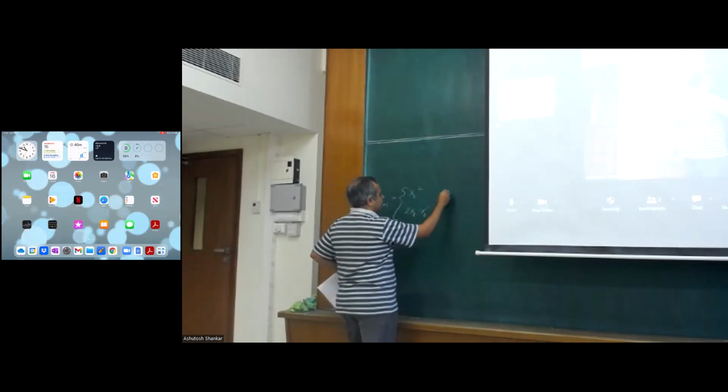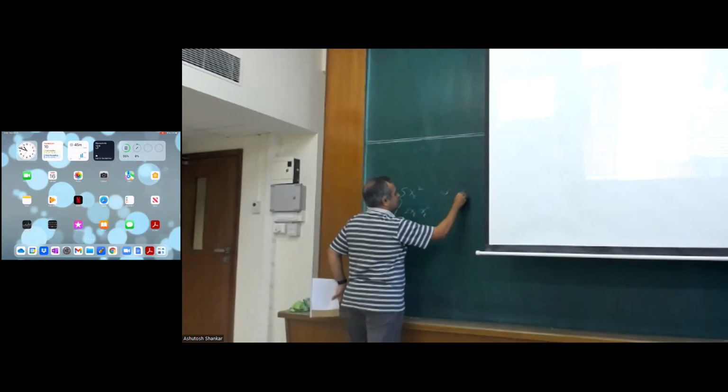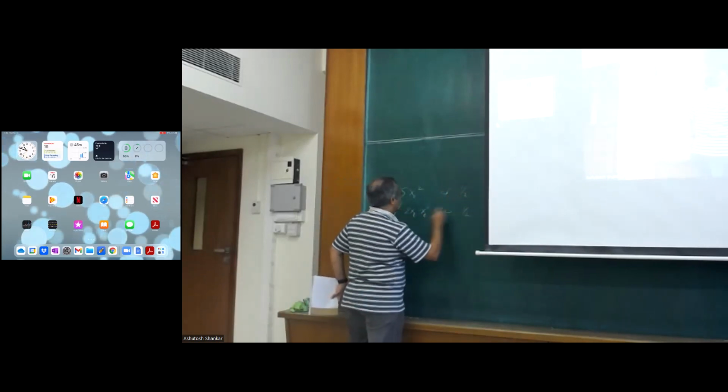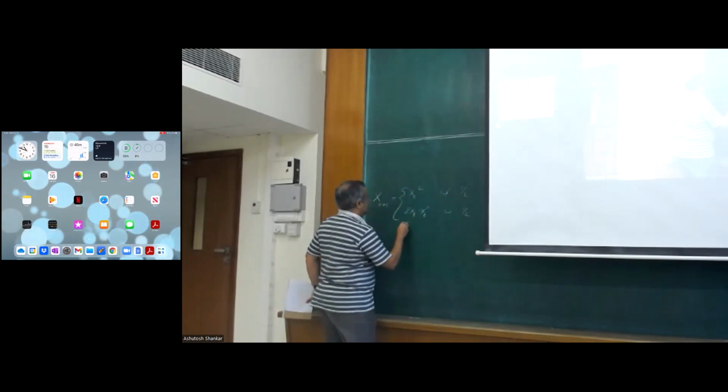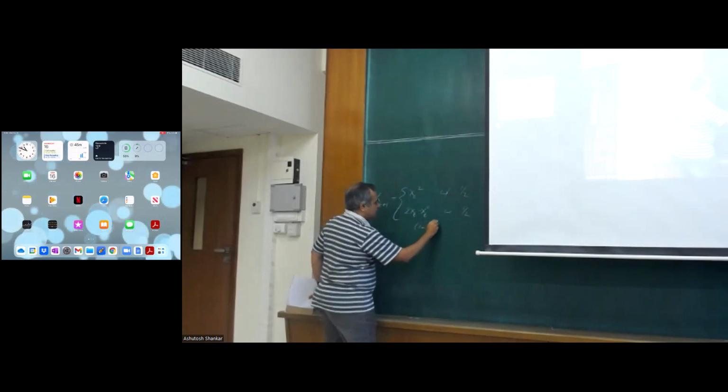The way to look at this is, with probability half it does this, and with probability half it does this. Think of this as (1 minus x_t) whole squared, and x_t squared.